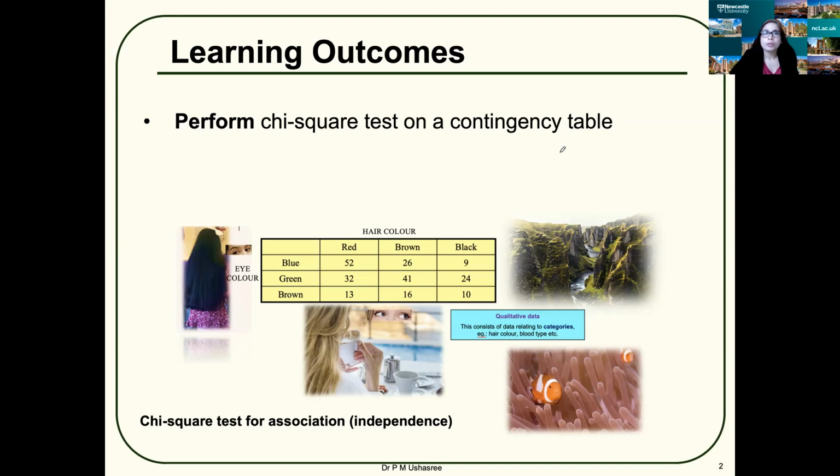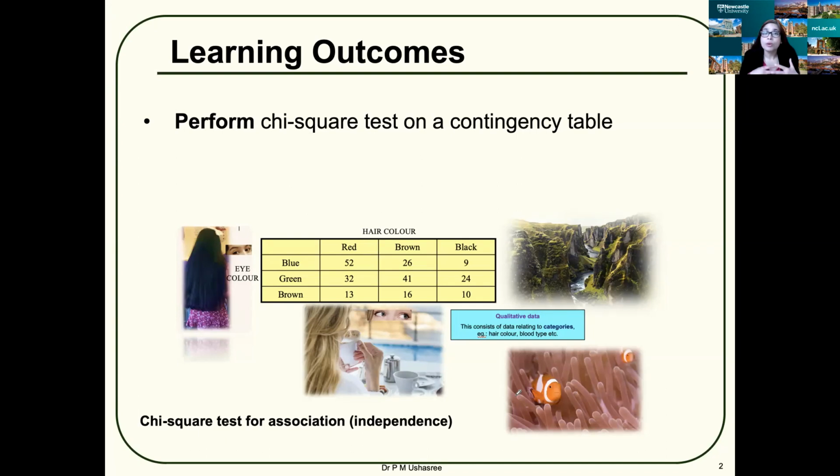For example, if you want to see whether eye color is dependent on hair color, or if there is any relationship between two species living together in the same habitat.